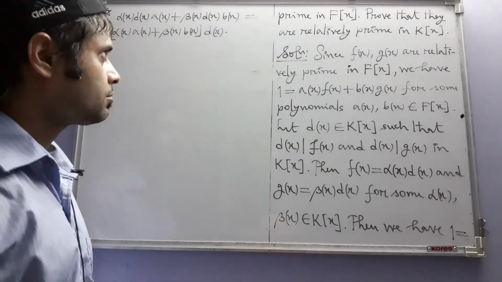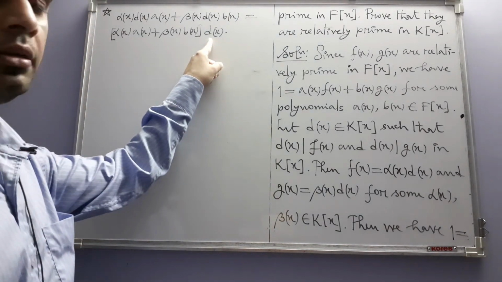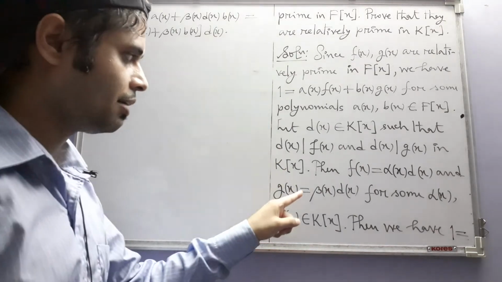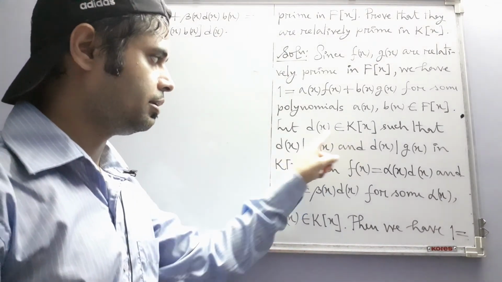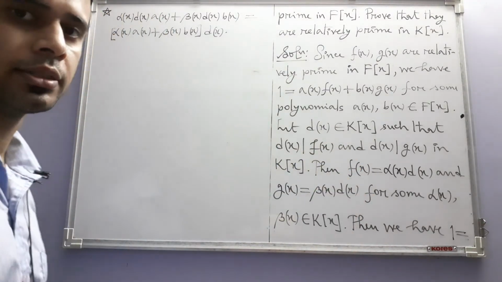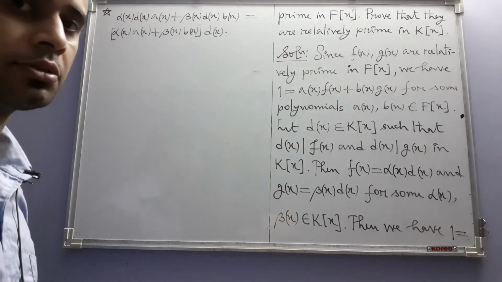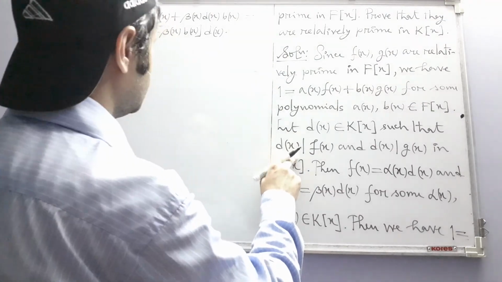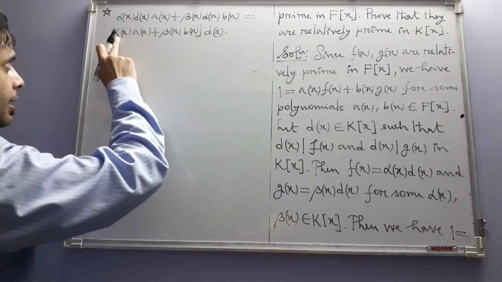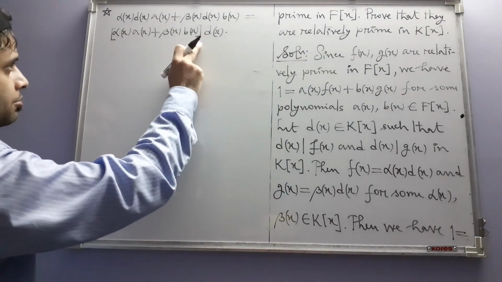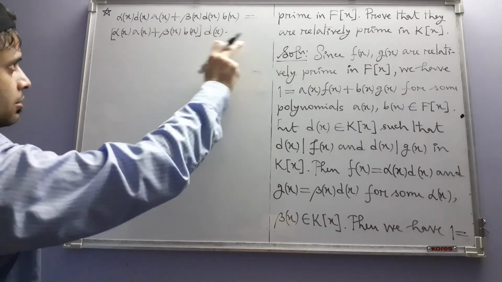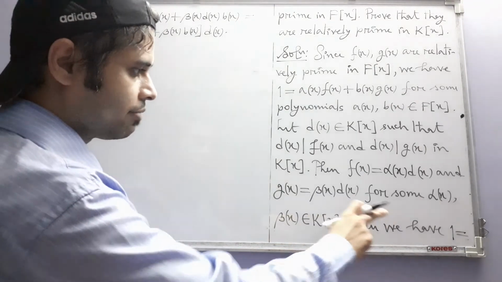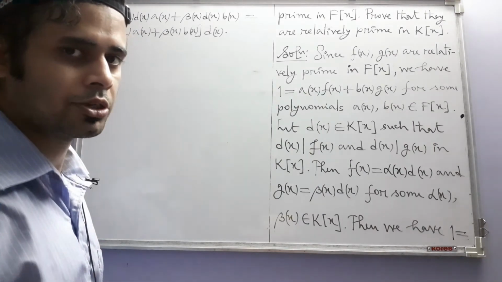Now d(x) is a non-zero polynomial because we have chosen it to be a divisor of f(x) and g(x), and divisors are never equal to 0. So d(x) by our choice is non-zero, and this polynomial is non-zero, because otherwise the right hand side will be 0 and the left hand side will be 1, which is not possible.